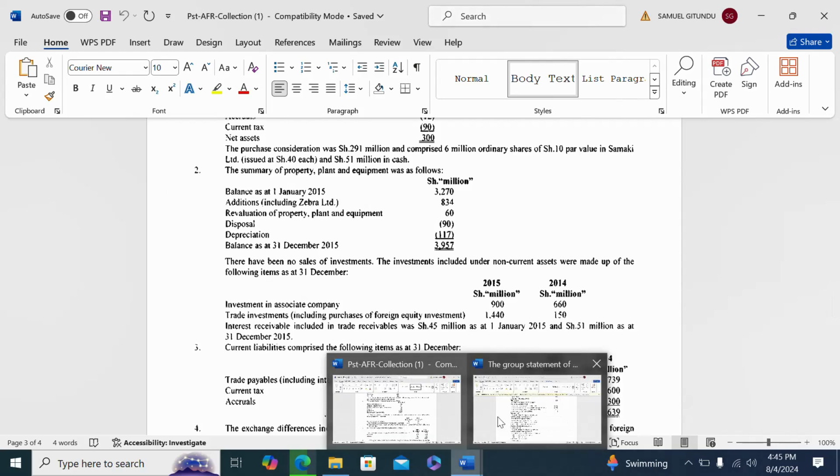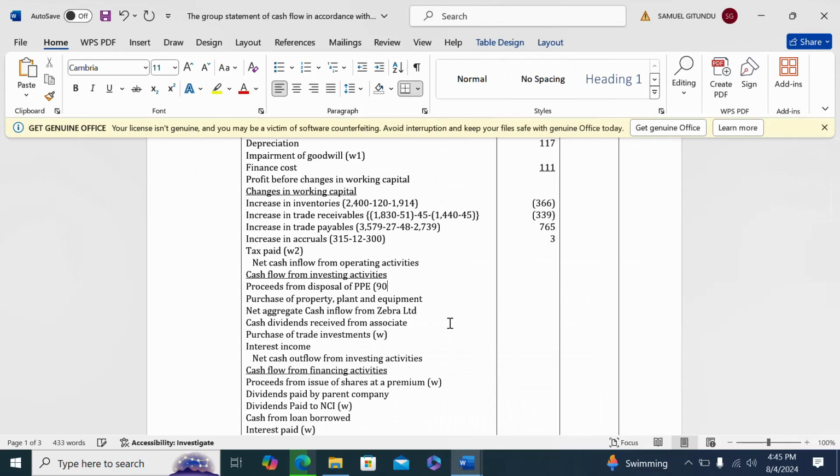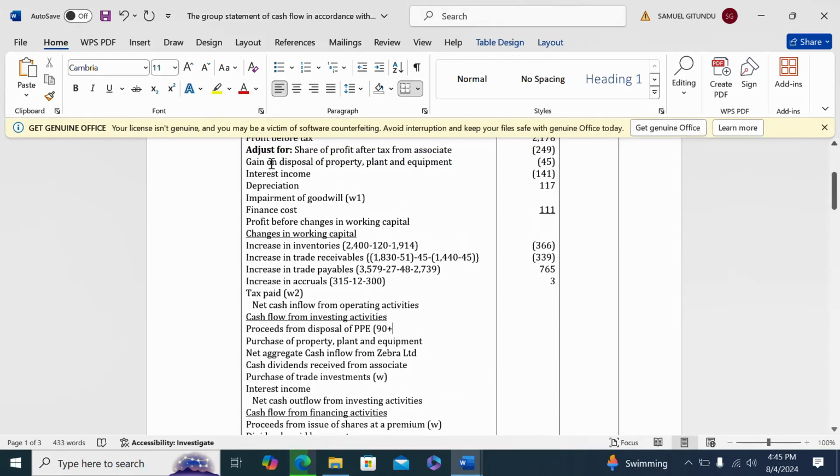So we write 90 million there. Then we add the gain on disposal to get the total disposal proceed. The gain on disposal was 45 million. So we add 45 million to get 135 million as the total proceed from the disposal. So that is a cash inflow.